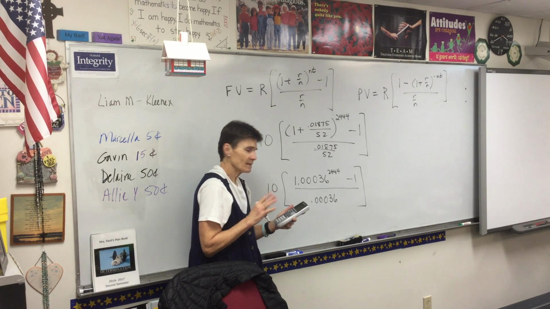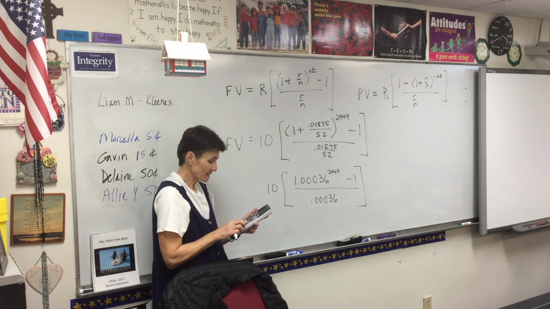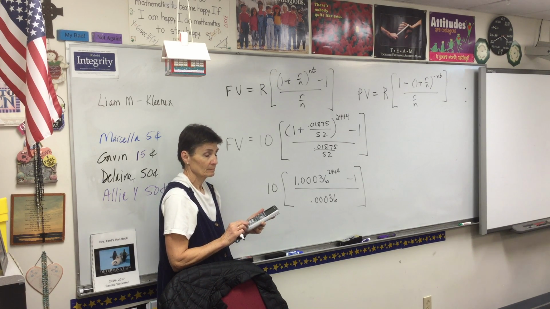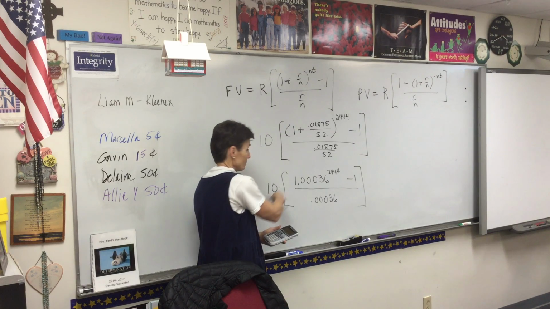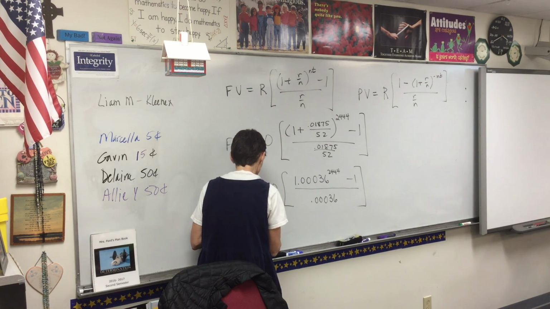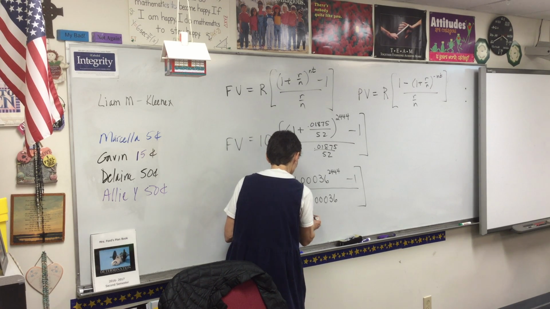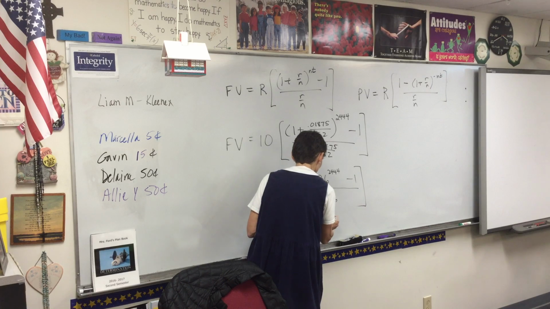Did you get like 3,917? Then you've got to take that times 10, because we've got to multiply the bracket times 10. So Solomon is going to have $39,170.34.